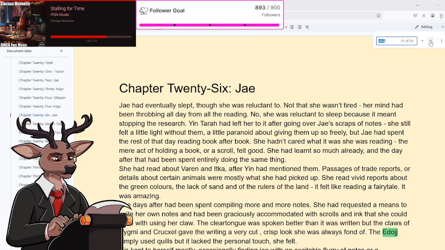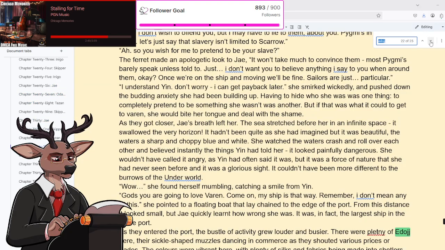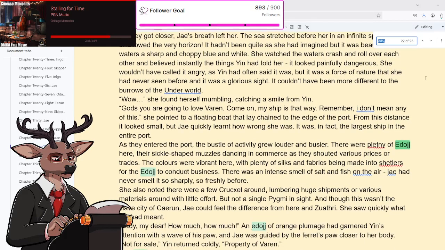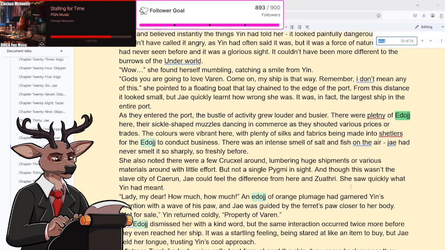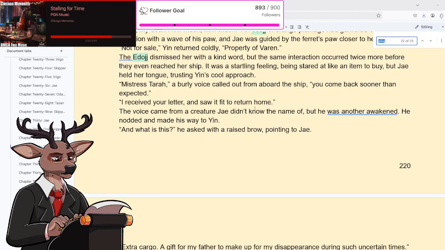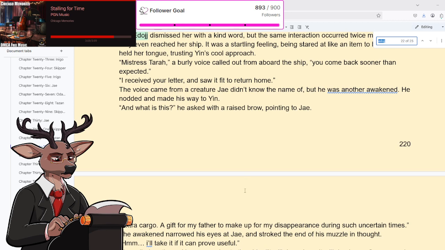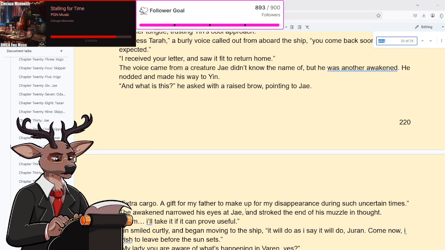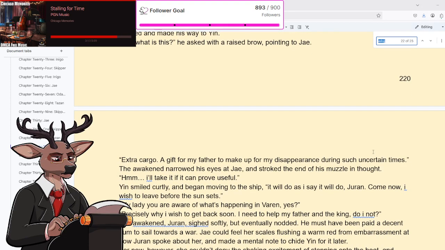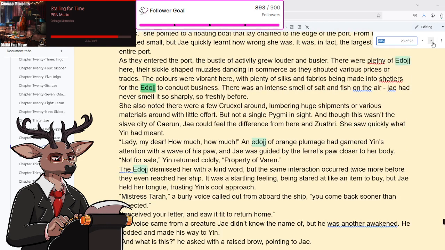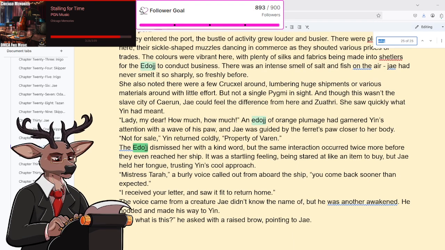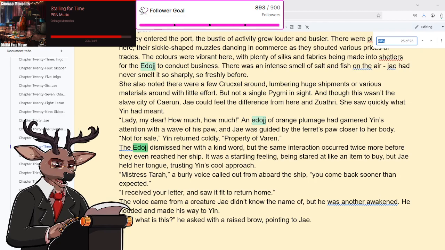Oh. Interesting. The last use of the word was a slaver, of course.